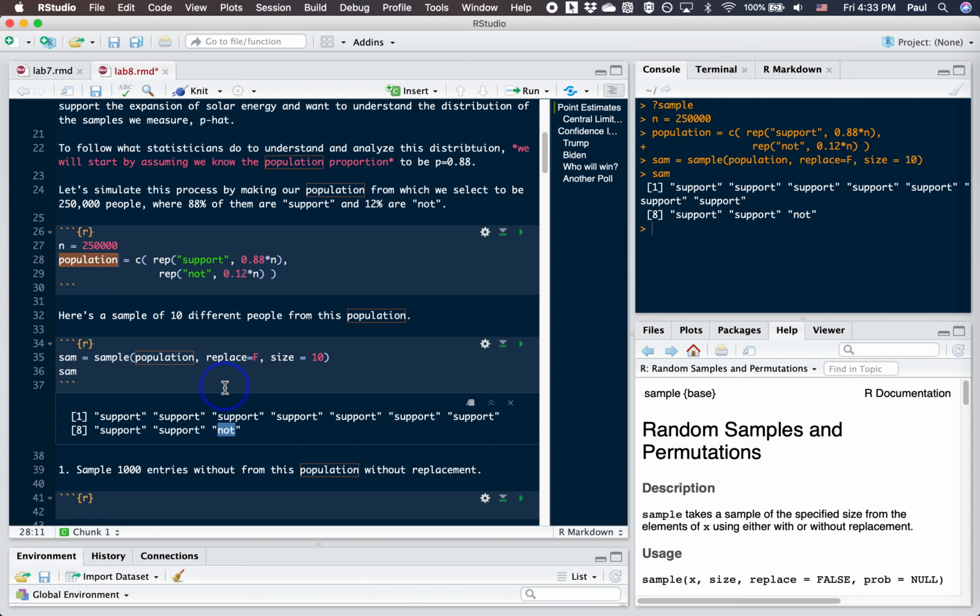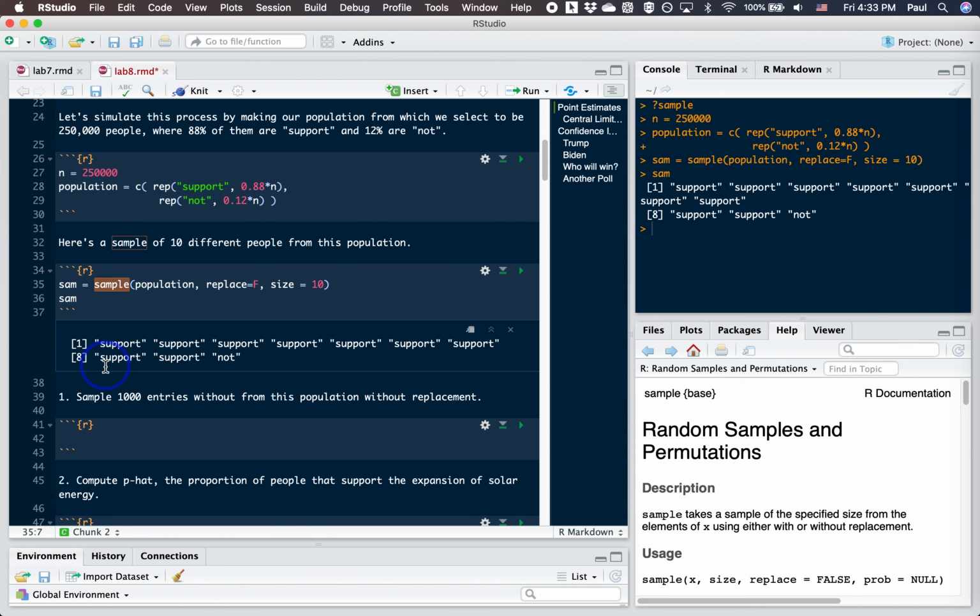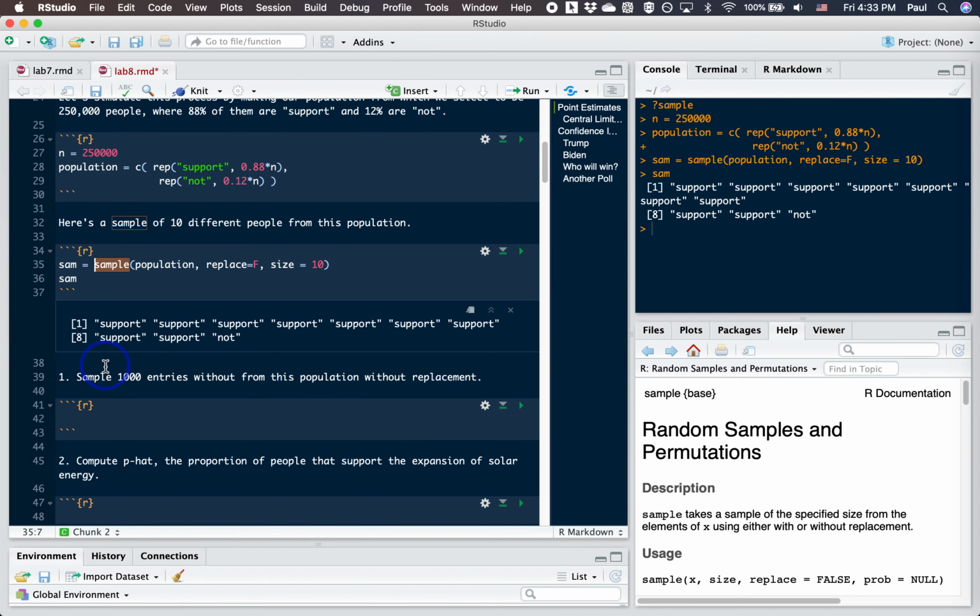So we got our population and we got a sample of the population. Remember that distinction? Because now we're going to start sampling from our population 1,000 entries. We're going to use that same code. Without replacement means we can't sample the same person twice. That makes sense.